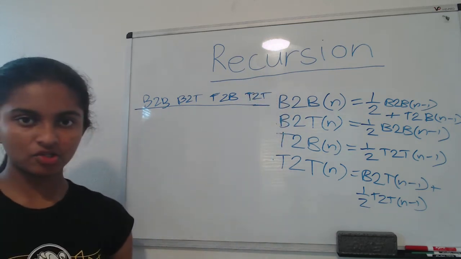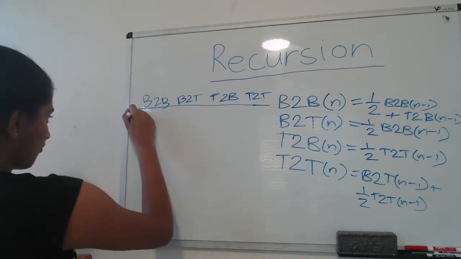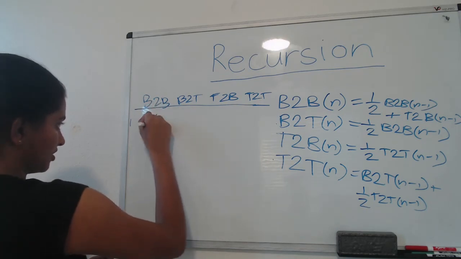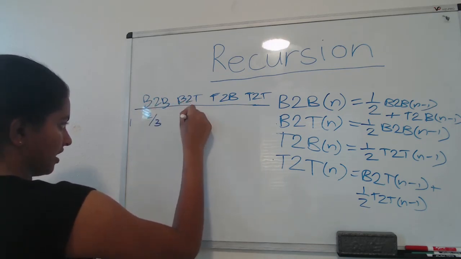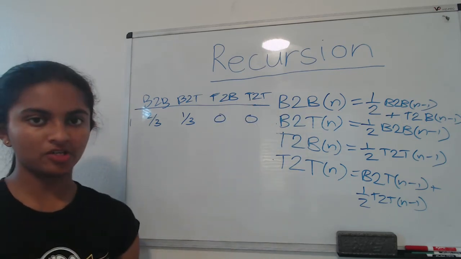Note that the ant starts on b. So at the first move, b to b happens with a probability of 2/3. b to t happens with a probability of 1/3. t to b and t to t are impossible because we started on b.